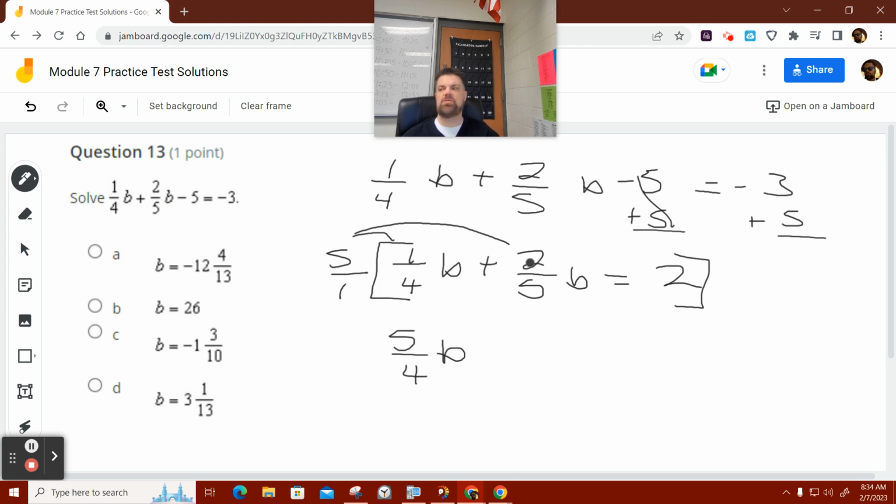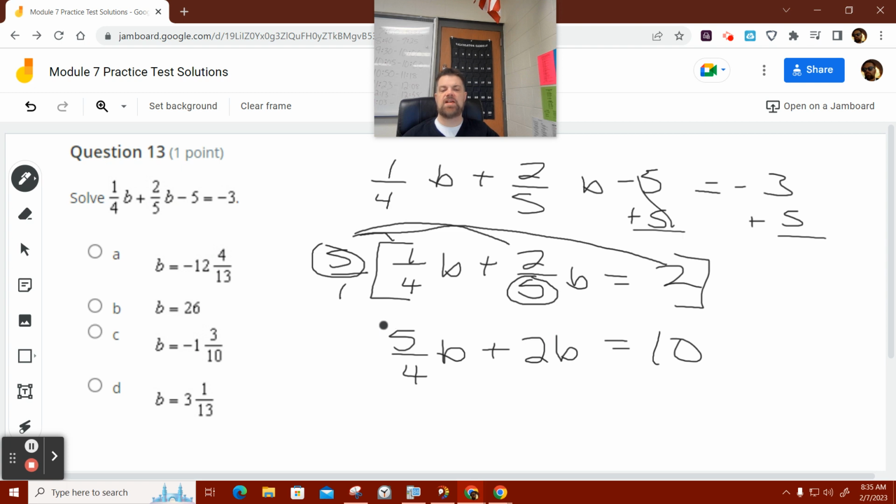What's 5 times 2? 10. What's 10 divided by 5? 2. One thing I want to point out: when we're multiplying by the denominator, you're always left with the numerator. I don't know if you guys picked up on that pattern or not. And then 5 times 2 equals 10.